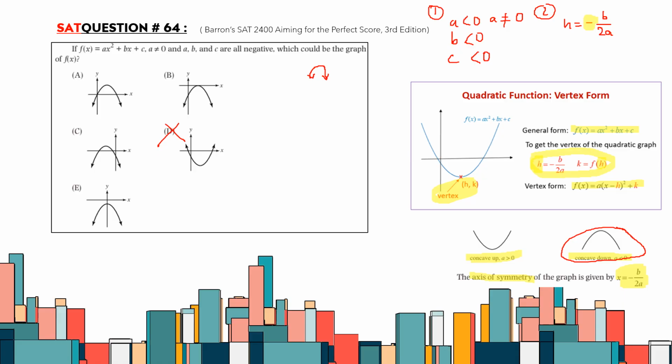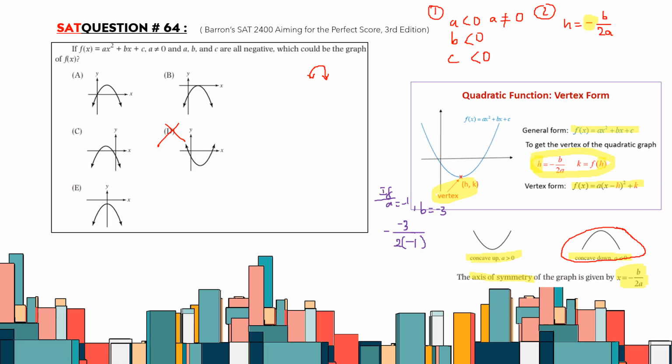Let's say we have something like minus, and then negative 3 over 2 times negative 1. I just say if a = -1 and b = -3, we just assume.